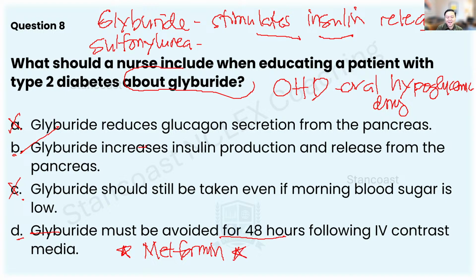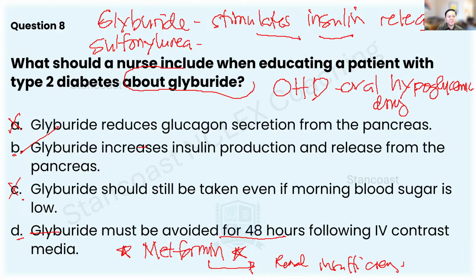The glyburide doesn't really have the interaction with the IV contrast, but metformin can. All right, it can lead to renal insufficiency. So we'll talk more about the metformin in the next few minutes.